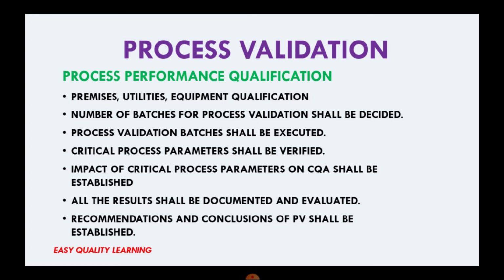Of course, it was required that your utilities, premises and equipment should be qualified before process validation, but the details and that execution part were not pulled into your process performance qualification. But now, as per the new guidance, you need to pull the details of your premises, utilities and equipment also. Then the number of batches for the process validation shall be decided.